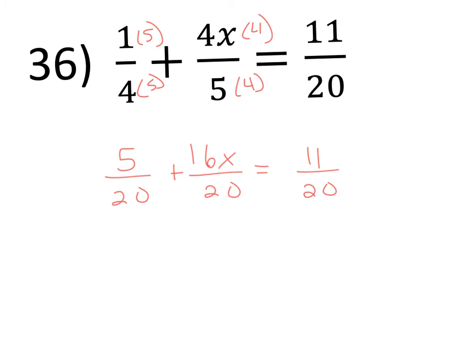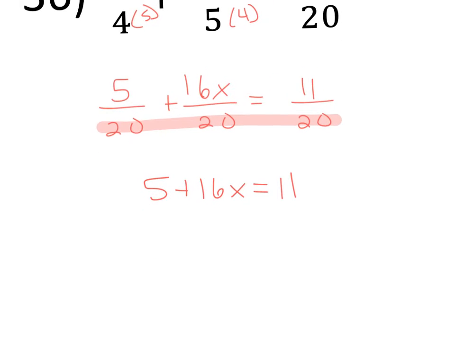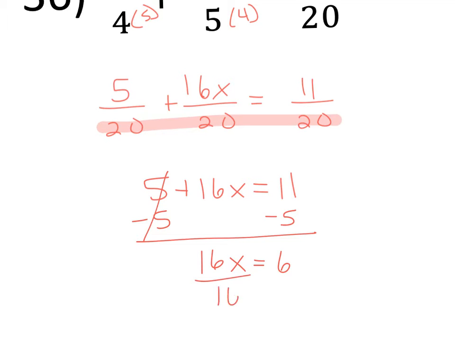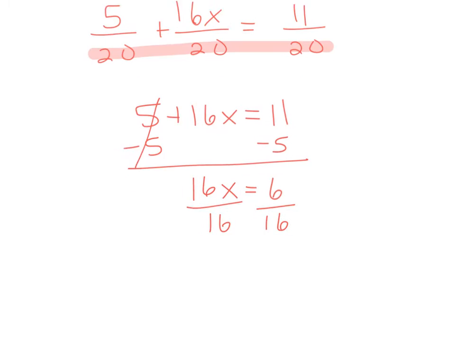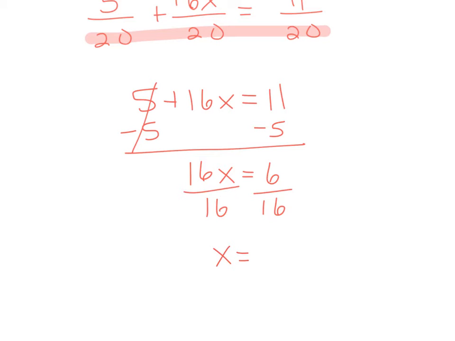The bottom should fall off, so I'm left with 5 plus 16x equals 11. I'm going to subtract the 5 off and get 16x equals 6, and then divide both sides by 16. So x will equal 6/16; now reduce the fraction, you can cut both down by 2 since they're both even, and we'll end up with 3/8.